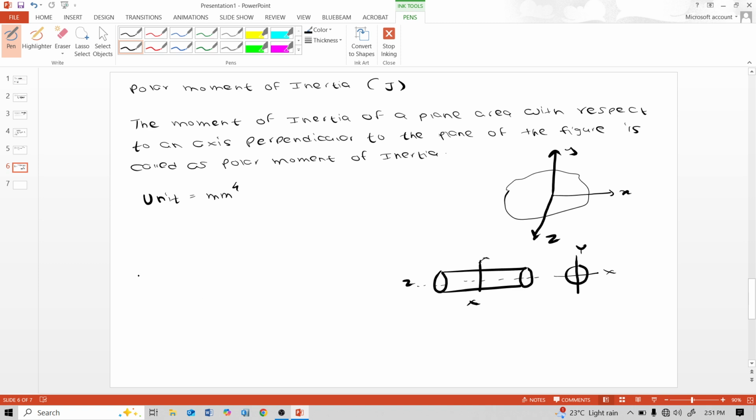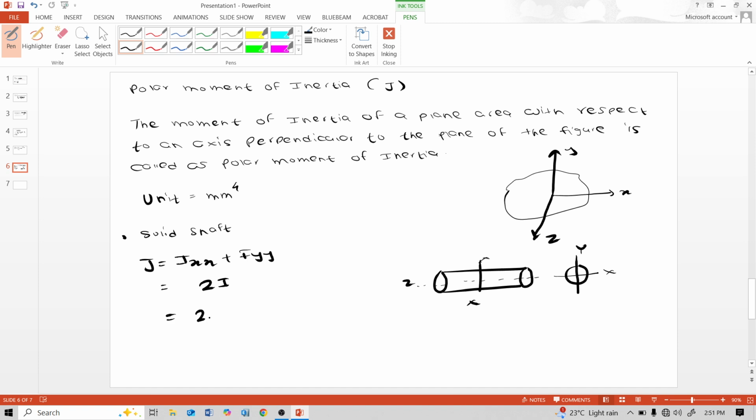So we see for solid shaft the polar moment of inertia. Capital J is equal to Ixx plus Iyy. Ixx and Iyy are similar for this circular section, so 2I.